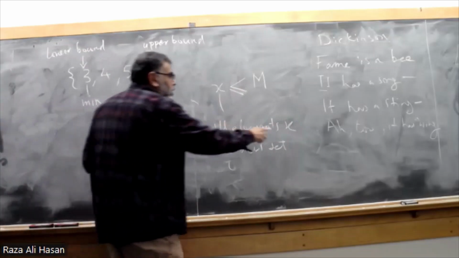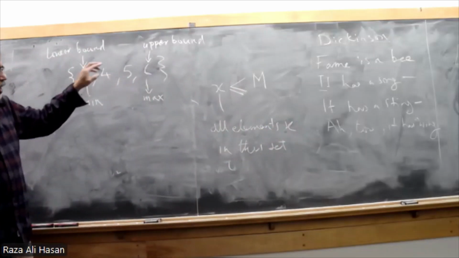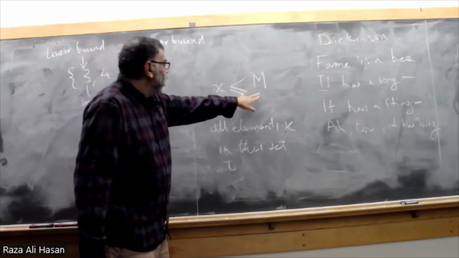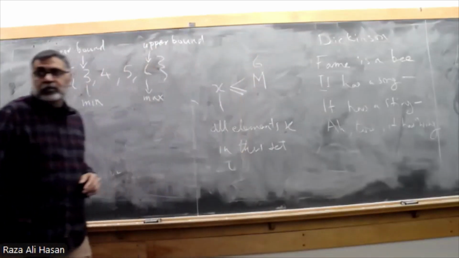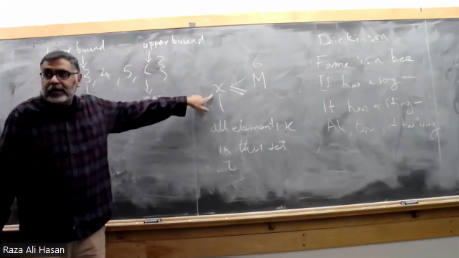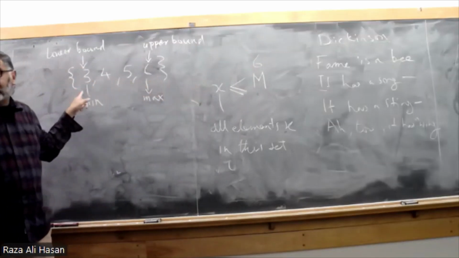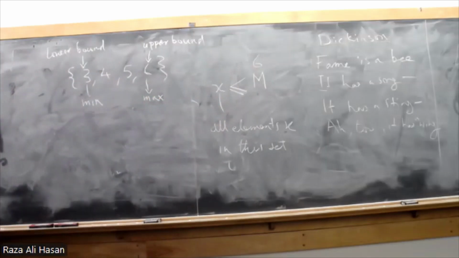X stands for all elements in the set, and M is the upper bound. Right now M is 6, and I can put any of these numbers in there, because X can be any of these numbers, because I have the equal to sign here, then it will still be true.